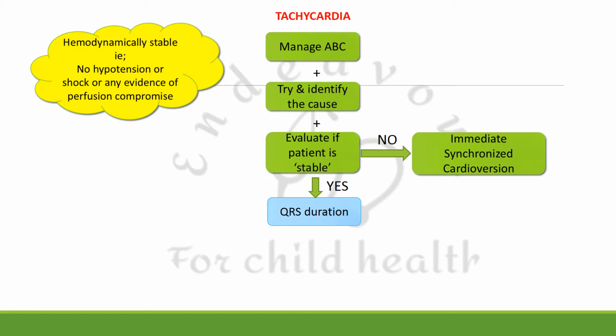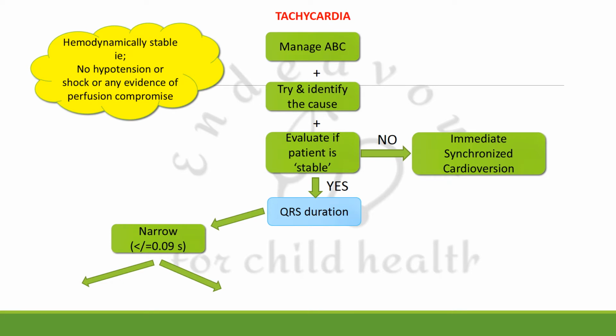So there are two possibilities. The QRS duration may either be less than or equal to 0.09 seconds, that is, it is a narrow QRS complex. The possibilities are two. First, it can either be a sinus tachycardia or it can be a supraventricular tachycardia. Both these types of tachycardias are atrial tachycardias.